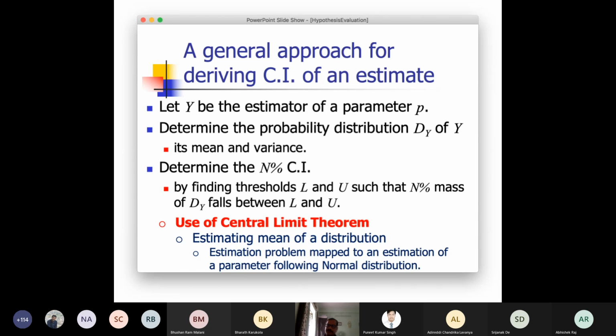Now, the mean of this normal distribution would be the same mean you are estimating, but the variance would be divided by the number of samples. So if the variance of the original distribution, for example, you are estimating the mean of a distribution like y.